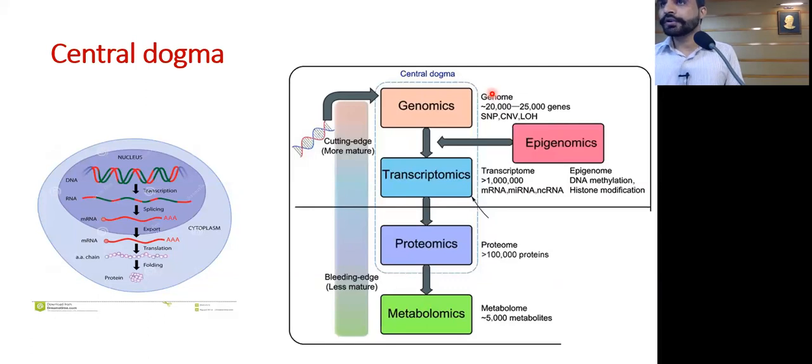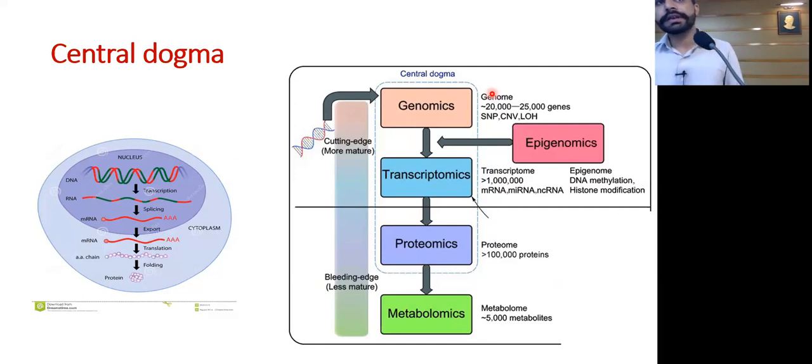So there is a newer concept, the central dogma of genomics. All the DNA information of a cell is known as genomics. Not all the DNA, but around 5% of the DNA is transcribed to RNA, that is known as transcriptomics. All the RNA in a cell is known as transcriptomics.